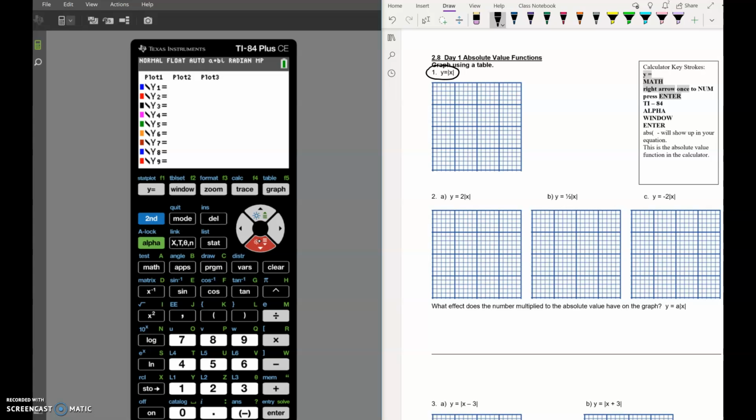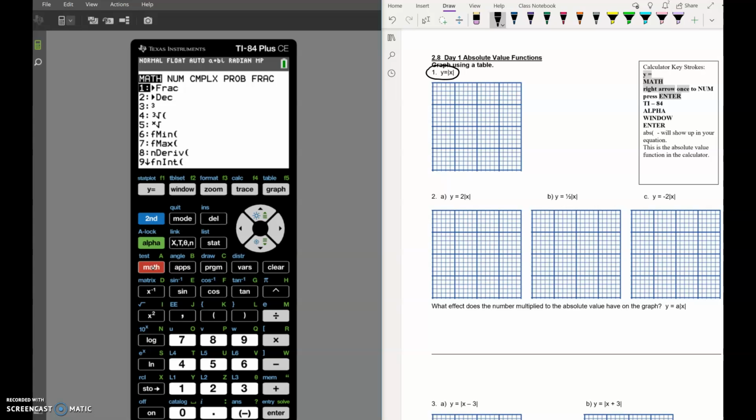Okay, we want to enter y equals the absolute value of x. So on this version of the calculator, the skinny version or the color screen version, we are going to push math button. In the math button, there's tons of options.